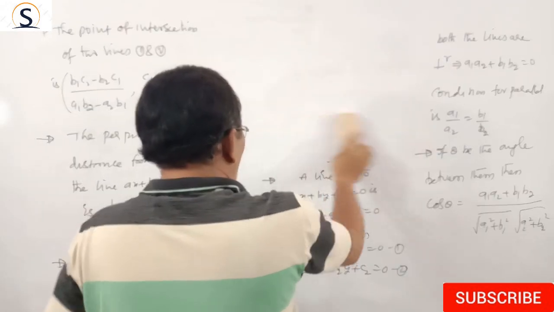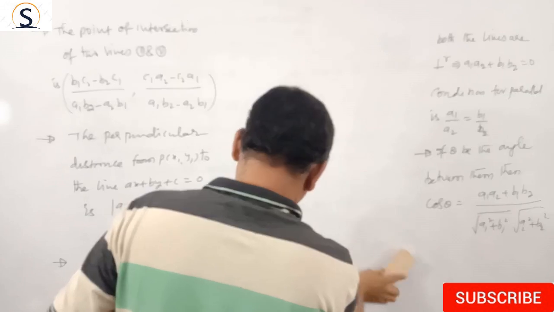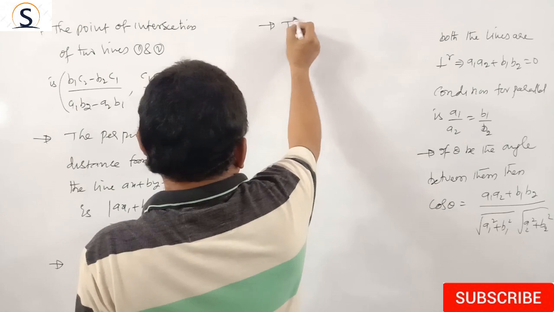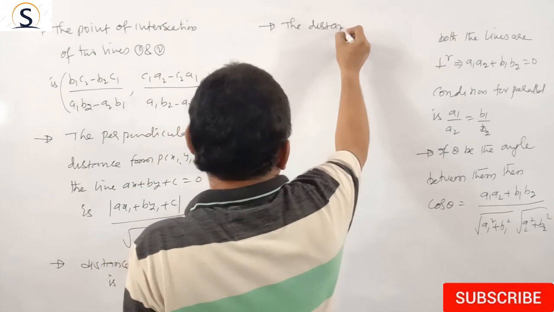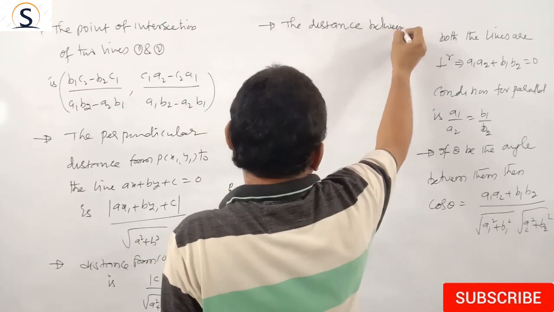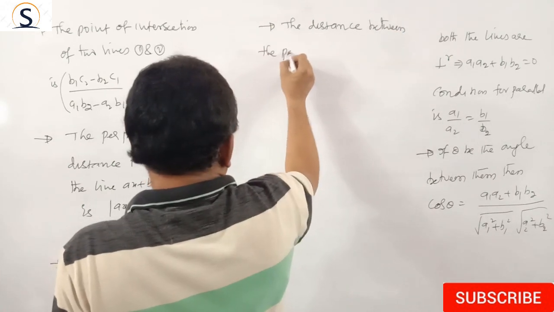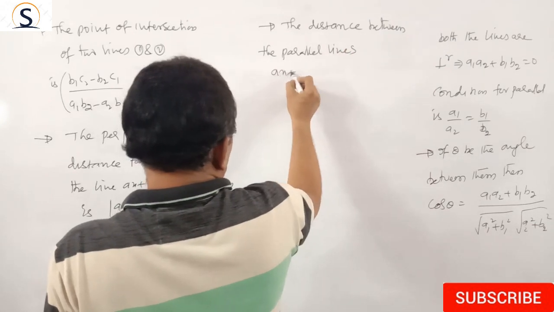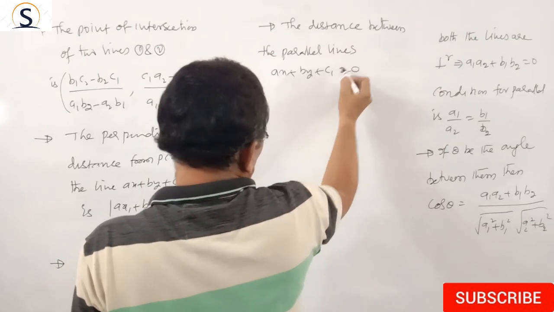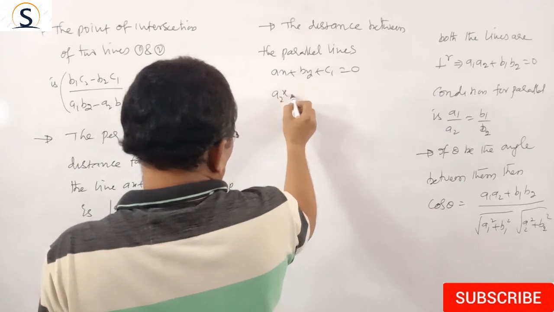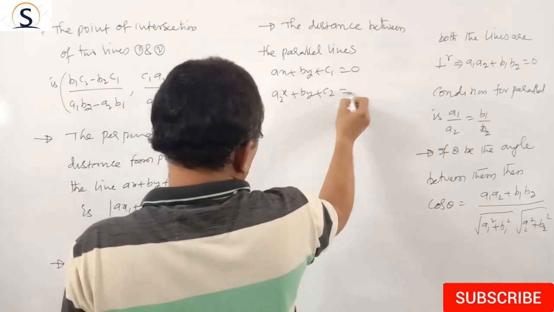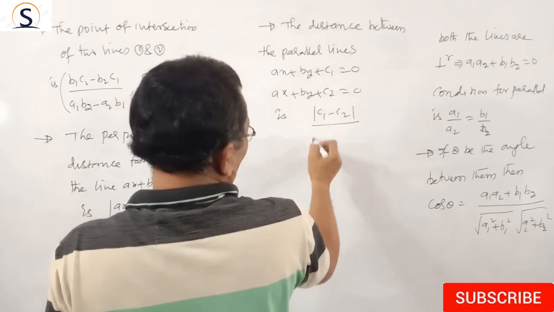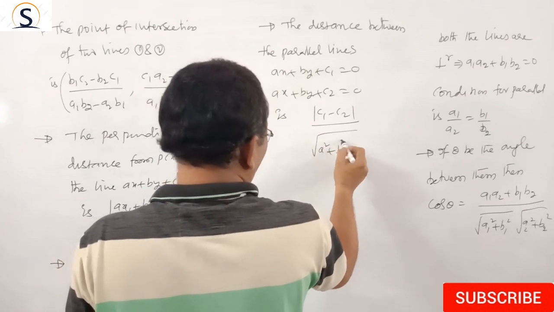Next, we'll conclude with the last point. The distance between the parallel lines ax plus by plus c1 is equal to 0, ax plus by plus c2 is equal to 0 is mod c1 minus c2 by under root a square plus b square.